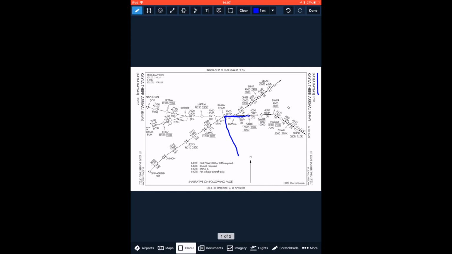Another way, if you want to use one of these transition routes onto this star, you would use the identifier. For example, if you were starting at Springfield, it would be sgf.kayla3. And that's how you would put it into the computer system, and it would know what you want.